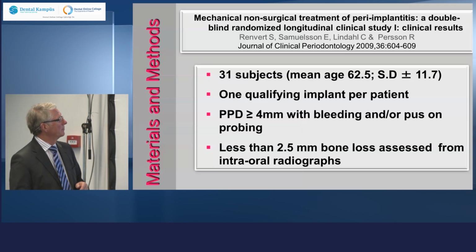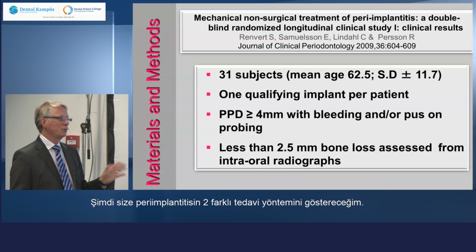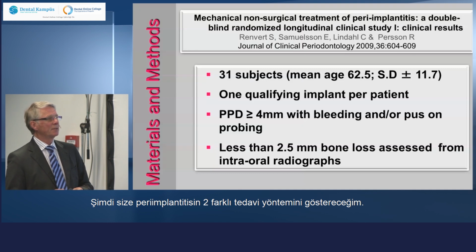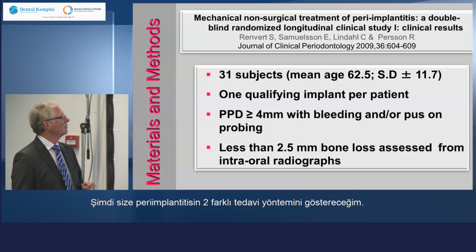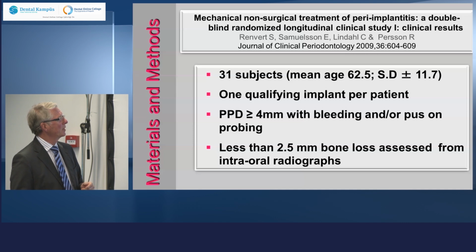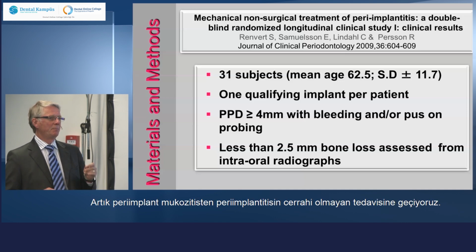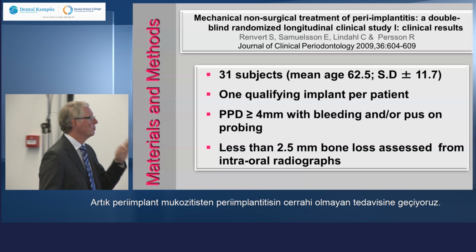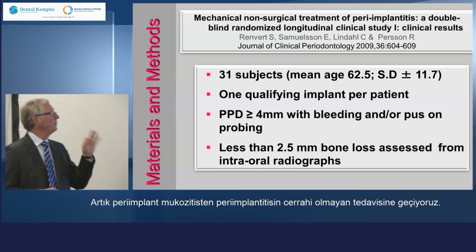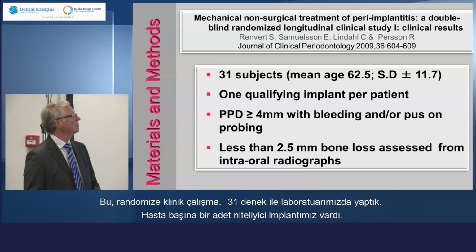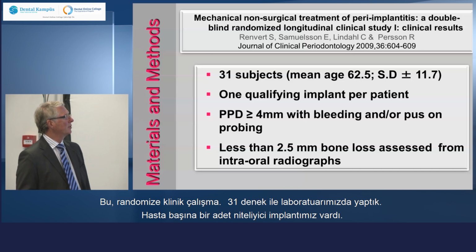And just to show you now two different treatment modalities of periimplantitis. We are now moving from periimplant mucositis to non-surgical therapy of periimplantitis. This is a randomized clinical trial we did at our laboratory with 31 subjects.